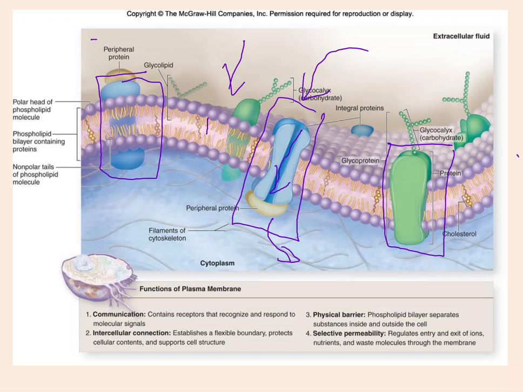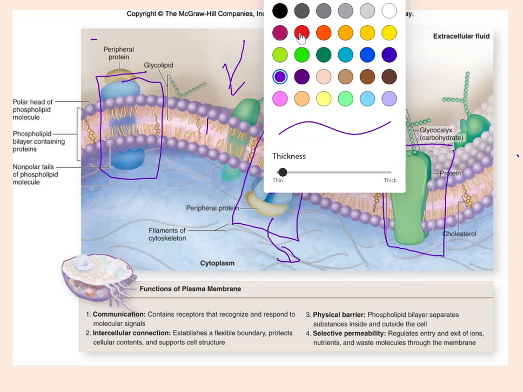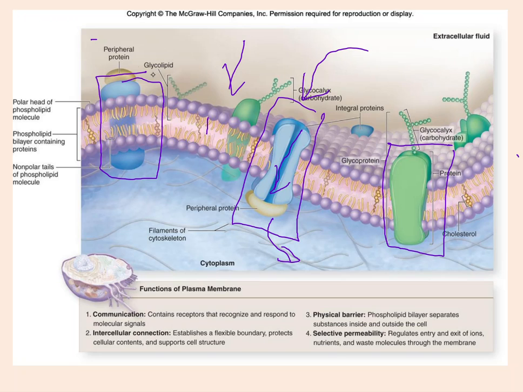We're going to look at those and what they are. Other things that you're going to notice here on the plasma membrane are things like, let me change color here. Let me use the red. This guy here, this is a peripheral protein right here, and we've got another peripheral protein here. Peripheral proteins have different functions within the cell.